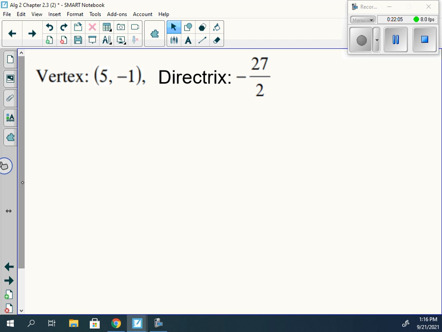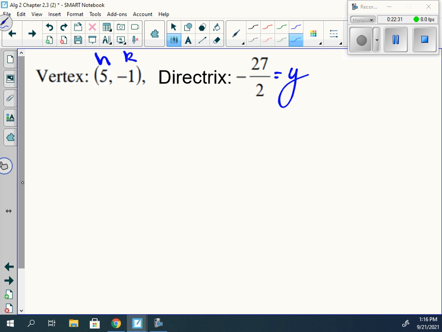And the directrix matches up exactly? Mm-hmm. It should be y equals negative 27/2. So your note sheets already have it. Now, up to this point, we've only been dealing with the vertex and the focus. Now, the vertex is still going to give me the value of h and k.